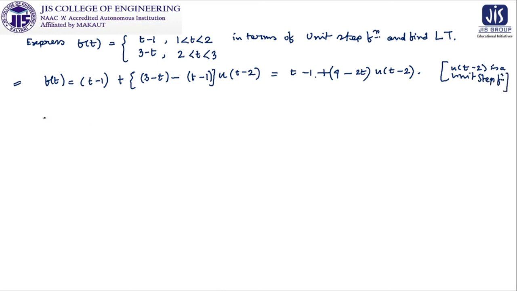So next line we can write that, as we know, the Laplace transform of g(t) u(t minus a) is equal to e to the power minus as times the Laplace transform of g(t plus a).